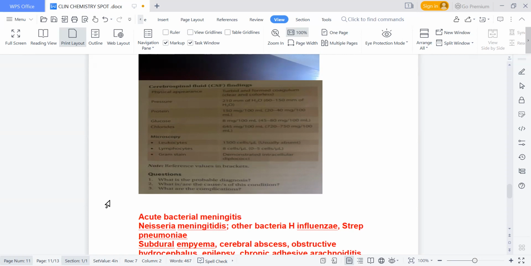Although they are both increased here, lymphocytes are increased by a lower margin as compared to leukocytes. So that's an easy way to tell apart bacterial and viral meningitis.